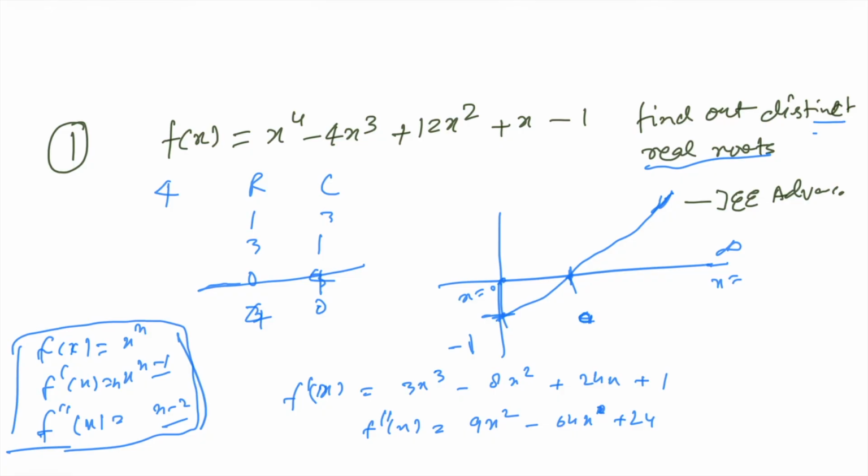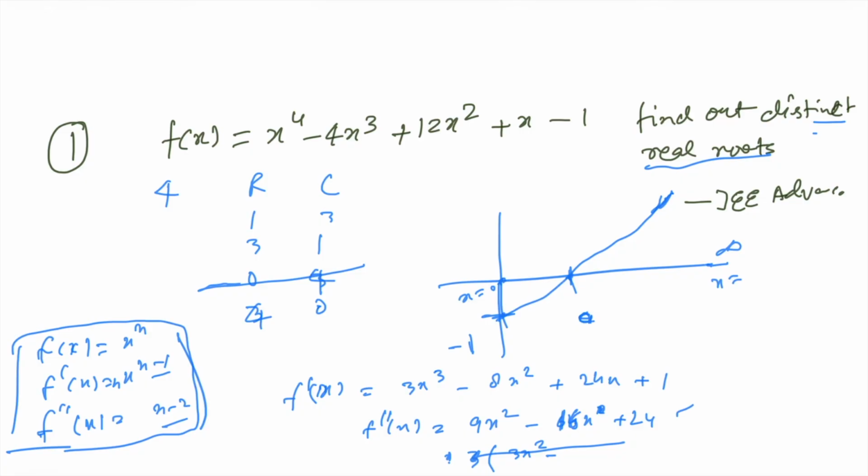Now here also, if we take the common 3, it will come 3x square minus, this is 16, sorry. So we can't take the common 3.